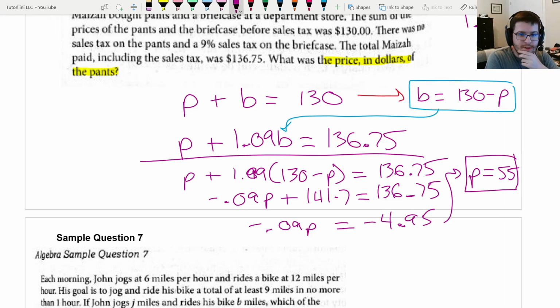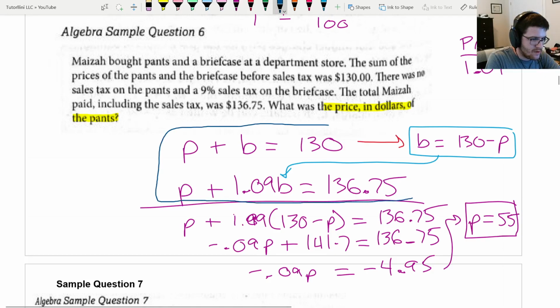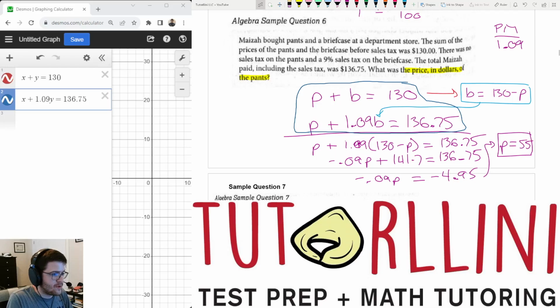So that looks good. Again, once we got to this point, we are not going to do this by hand, so it takes way too long. So let's go over to Desmos. Just make sure you type in, instead of the letters that you used for the word problem, like I used P and B, make sure you use X and Y. So X plus Y equals 130, and then X plus 1.09B equals 136.75.